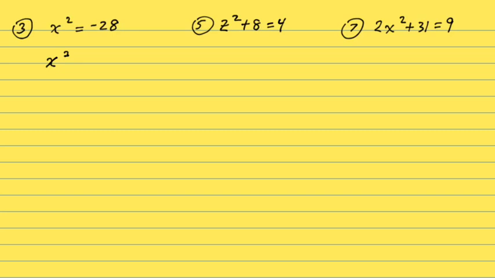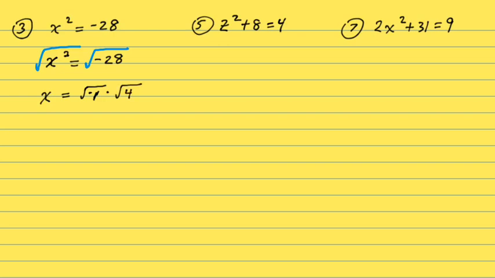You do them just like the previous section, but if you're taking a square root of a negative, you just put an i in front of the radical. That's all you do. To get rid of a square, you take the square root. So you have x now. You have the square root of -1 times how it goes into 28.